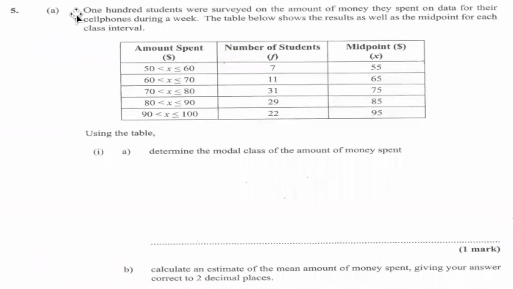So the question states 100 students were surveyed on the amount of money they spent on data for their cell phones during a week. The table below shows the results as well as the midpoint of each class interval.